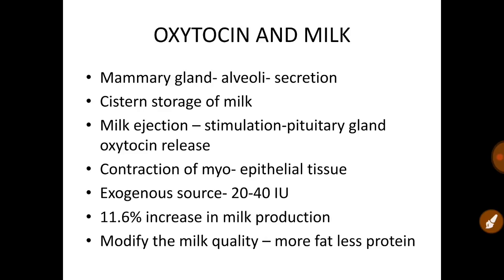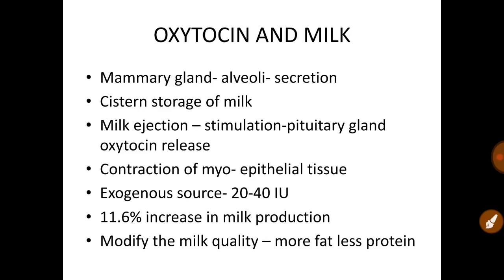There is one more very important drug, which is known as oxytocin. It is directly related to milk. In mammary glands, there are alveoli which secrete milk. Cistern store the milk.